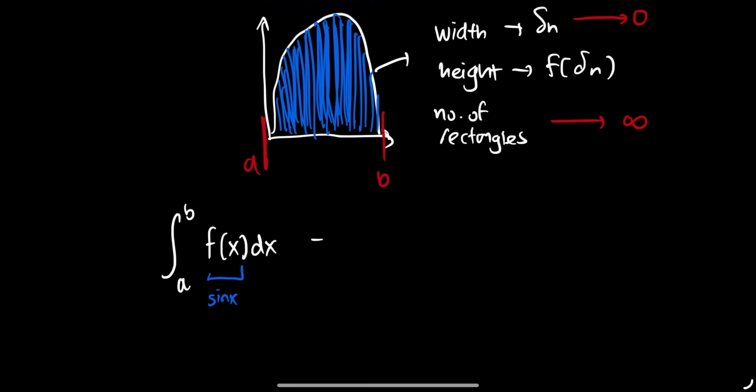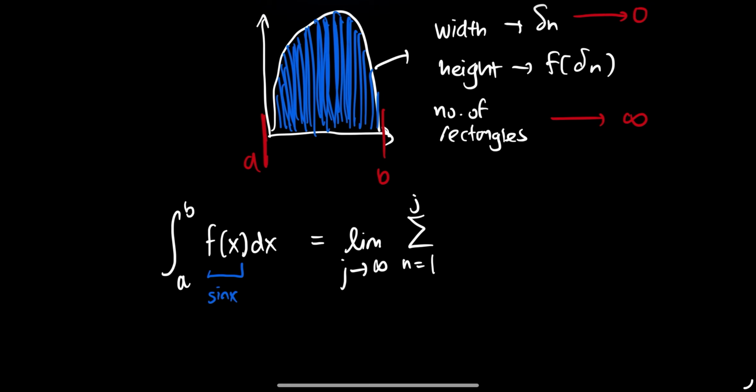This is the same thing as the limit of j approaching infinity of the sum of rectangles from n equal to 1 to j of f of delta n times delta n, right?